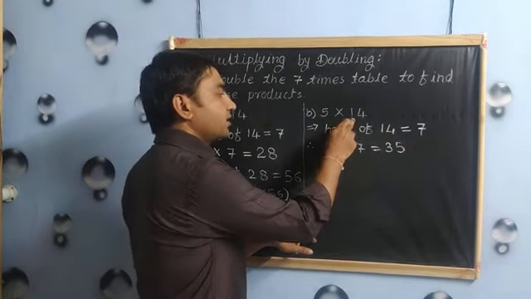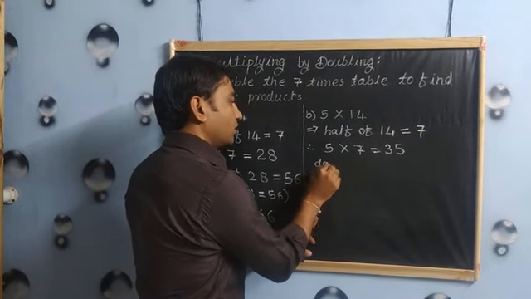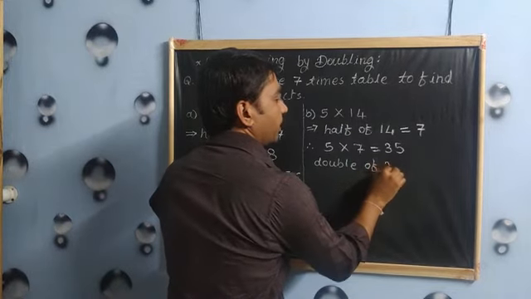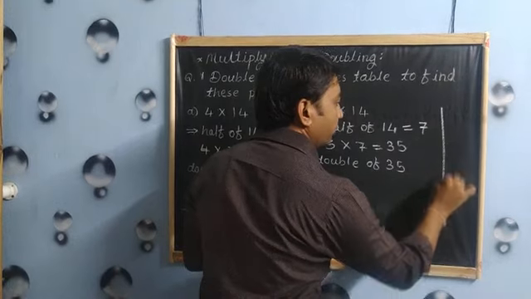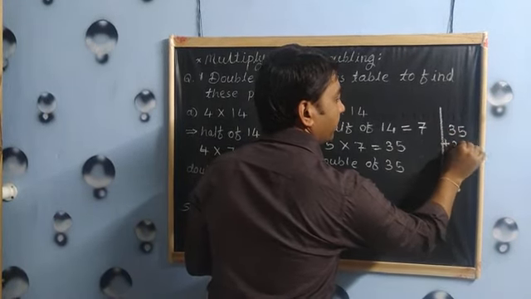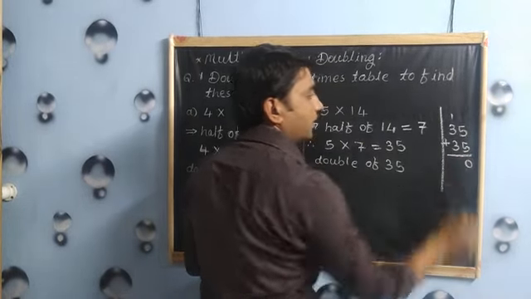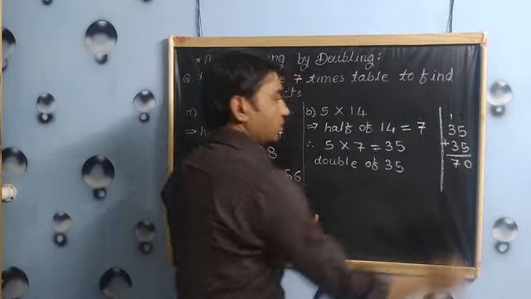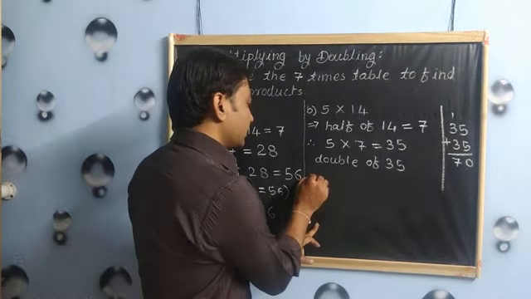Now to get our answer, let's double this answer. So double of 35. To find the double of 35, add 35 two times. 35 plus 35. 5 plus 5 is 10, 1 carry. 1 plus 3 plus 3 is 7.